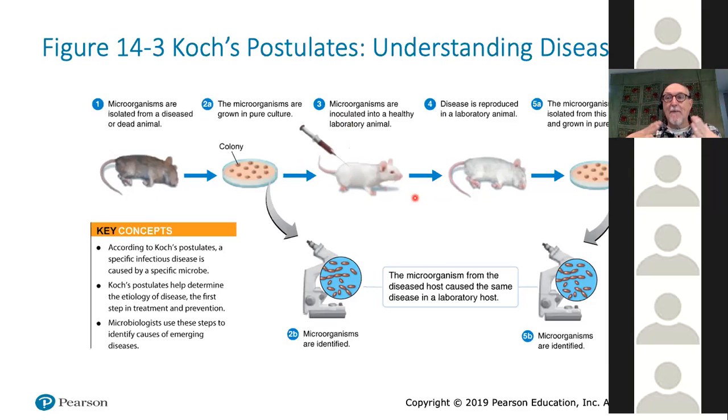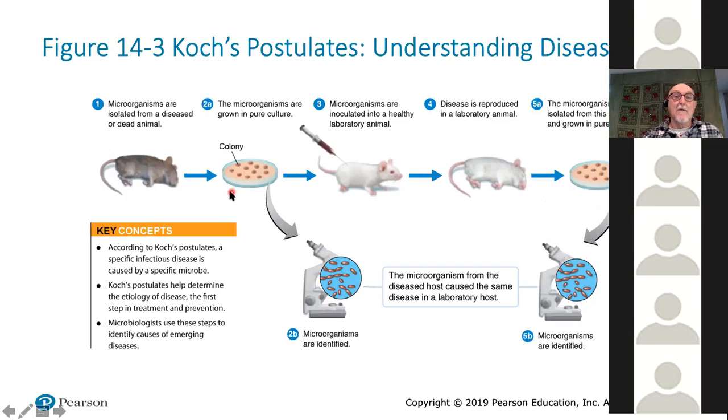They had the same course of disease and they then died. When he looked carefully, he was then able to extract bacteria from these animals and purify them. And he was able to show that these bacteria were exactly the same as these bacteria. So the bacteria he cultured here were identical to these.